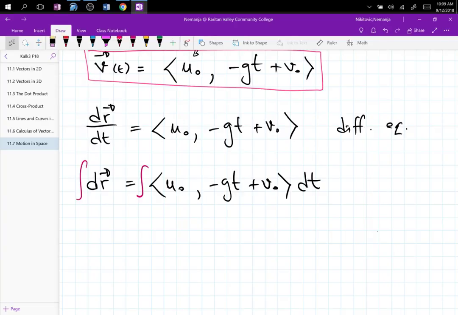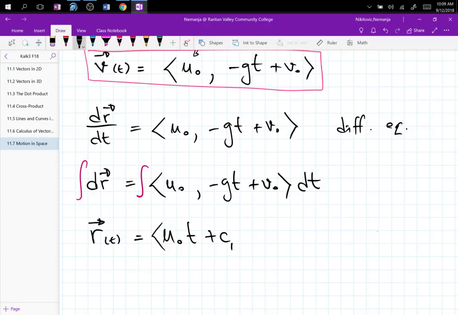So now, the integral of dr will just give us r of t. And on the other side, I have the integral of u0, which is a constant, right? So the integral of a constant is going to be u0t plus c1, a constant.